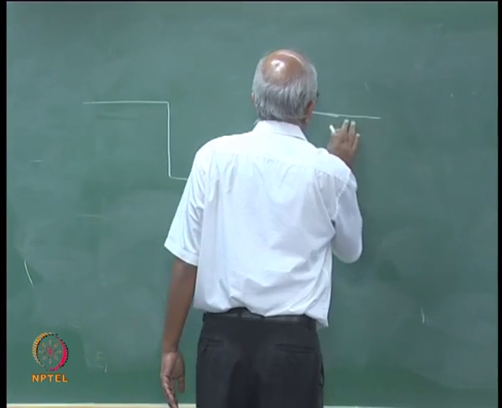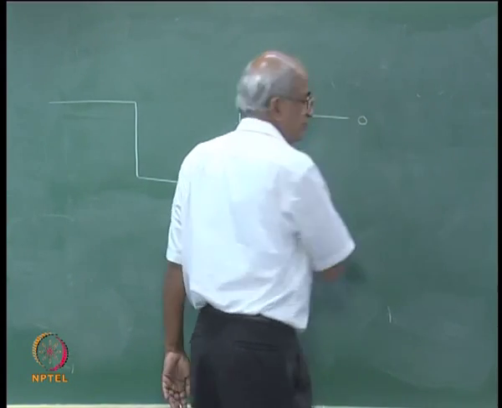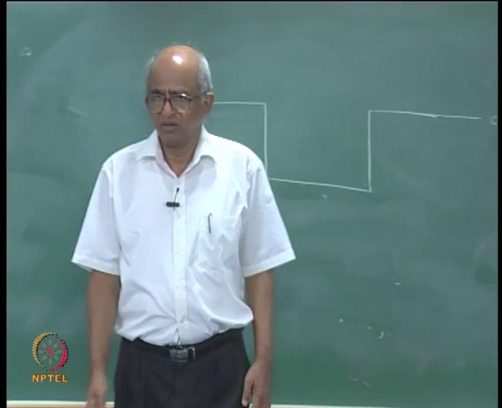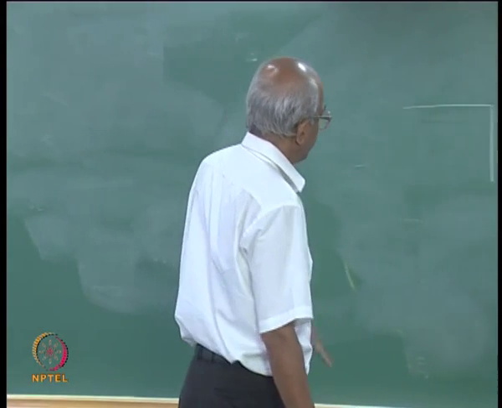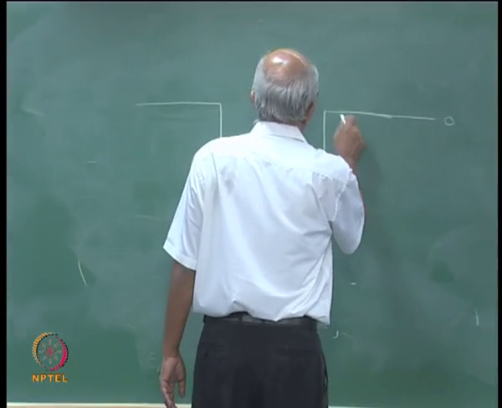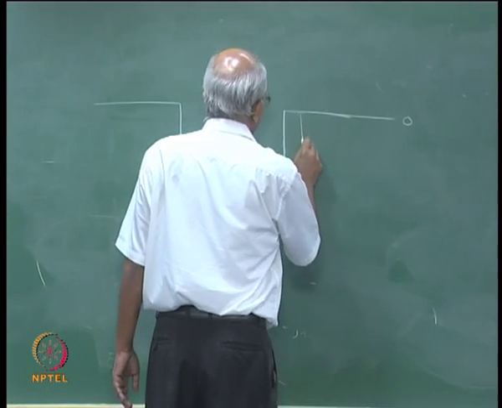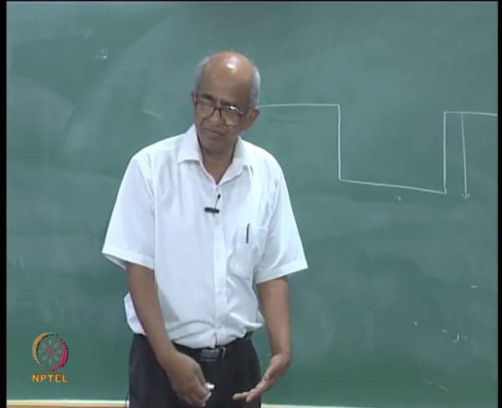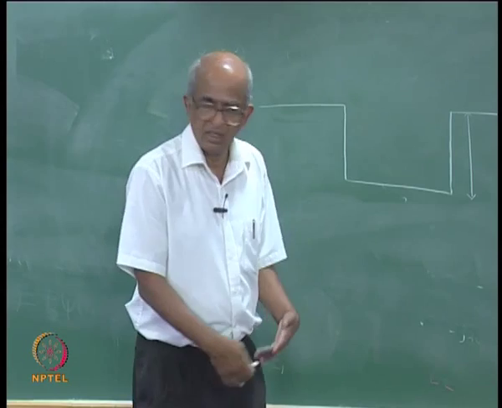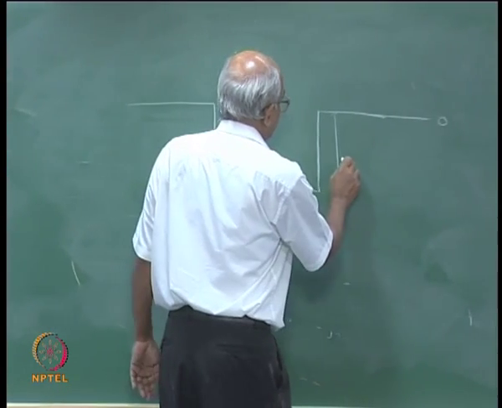Let me say outside the potential energy is 0, just for the sake of convenience. Then within the box the potential energy is actually negative, and I will say that this height is equal to V0.